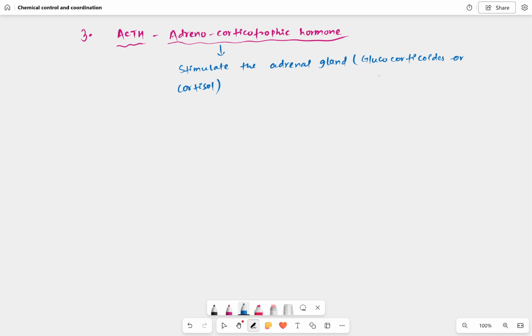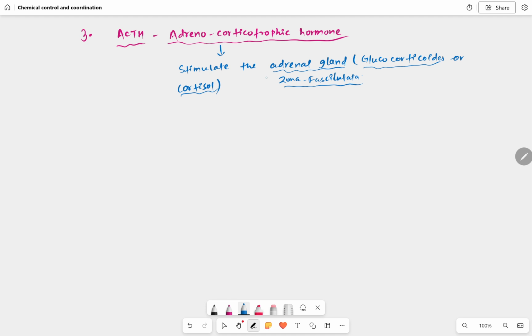The glucocorticoids or cortisols are hormones synthesized from the zona fasciculata. If you can remember, it's fine.